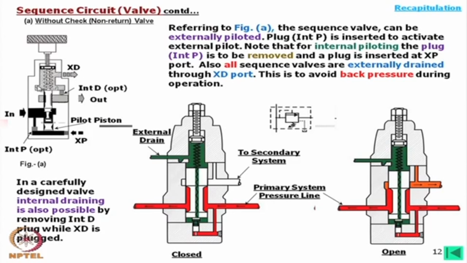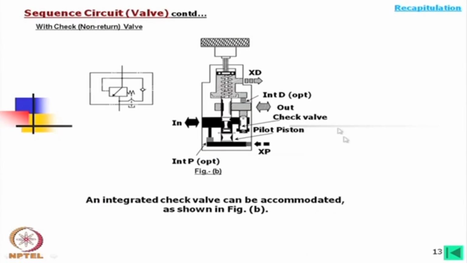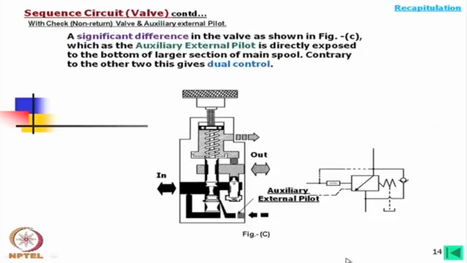So, it is also possible to have some internal draining through this port. And this is another view of this valve, and there is an auxiliary external pilot. This is just to improve the performance of such valve.